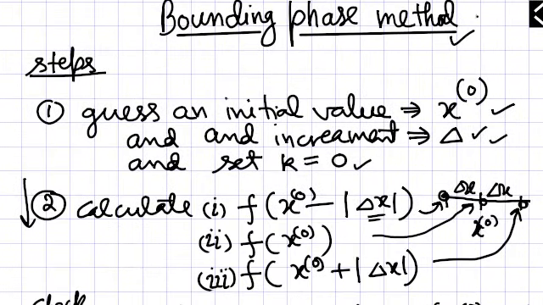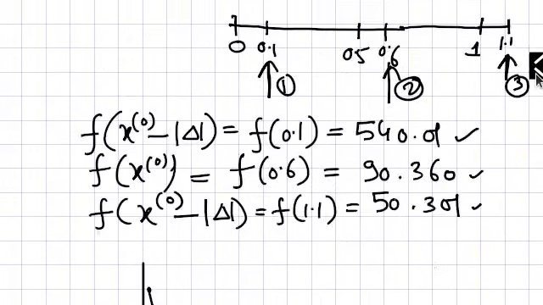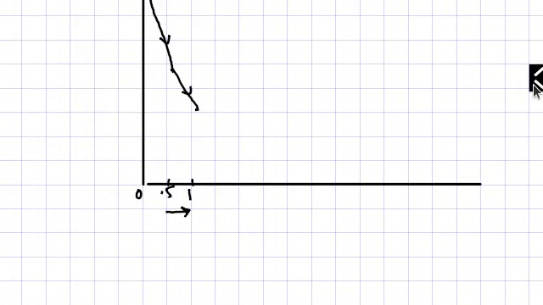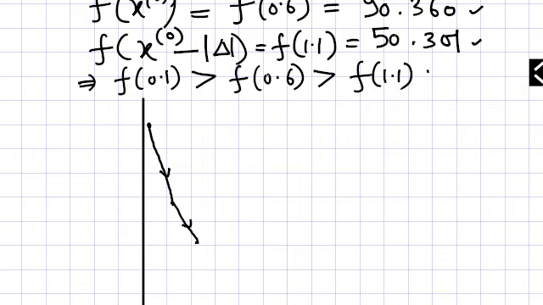When I explained this to you, I told you that we make a jump. So we will make the jump on this side. It means that we will decide the increment delta to be positive. This is our result. So set delta equal to positive 0.5.